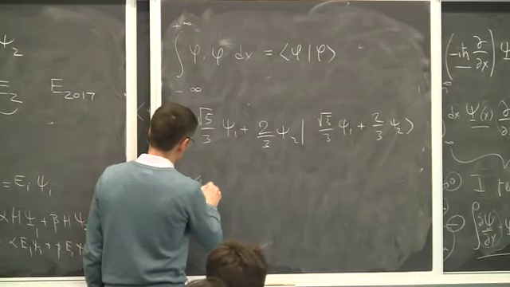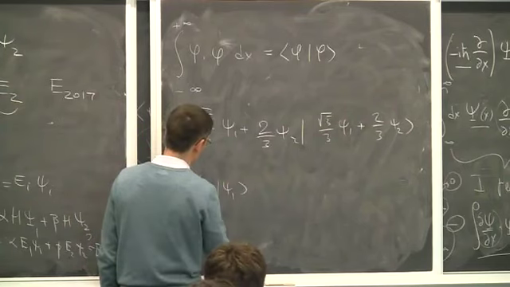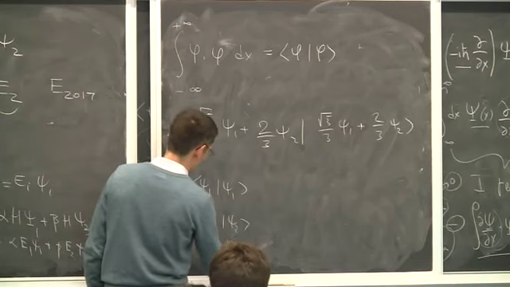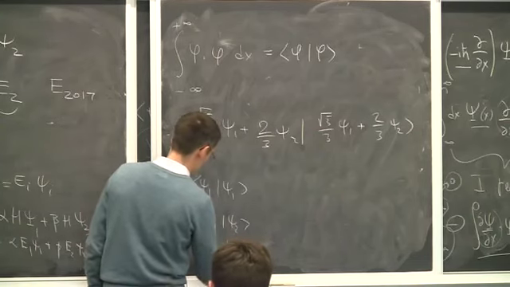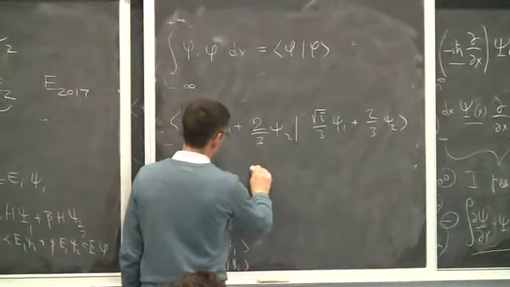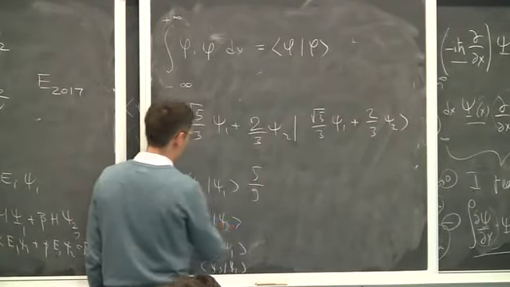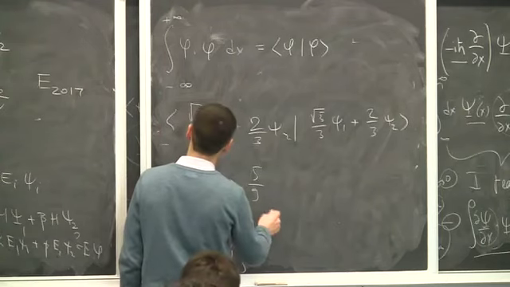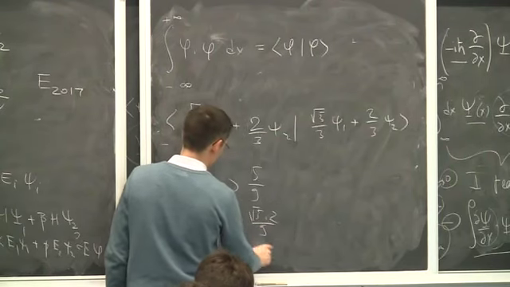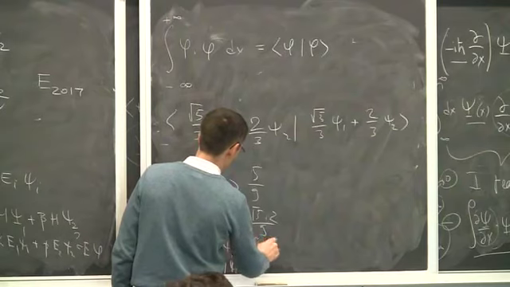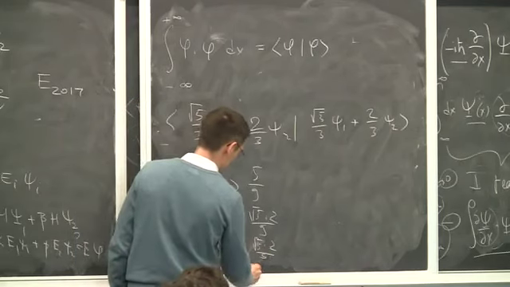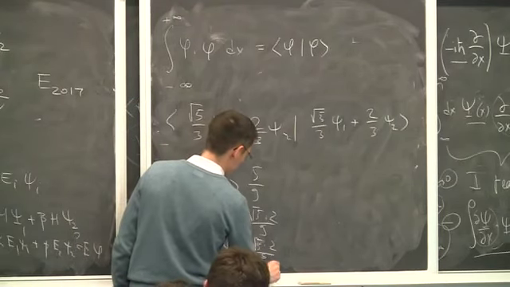So we have terms like psi1 psi1, psi1 psi2, psi2 psi1, and psi2 psi2, with coefficients: 5 divided by 9 for the first, square root of 5 times 2 divided by 9 for the second, the same for the third, and 4 divided by 9 for the last.